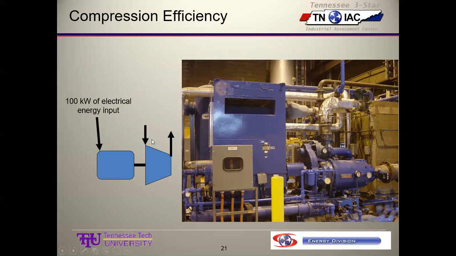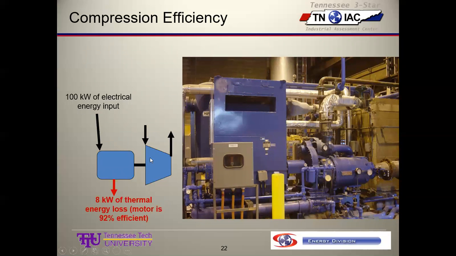So we get some air in, low temperature and pressure, out at higher temperature and pressure. Okay. Well, so if my motor is 92% efficient, and I put 100 kW in, I'm going to lose 8 kW, friction, windage, all that sort of thing on the motor. And then I get 92 kW in the shaft.